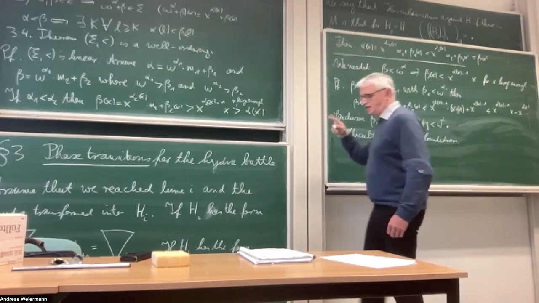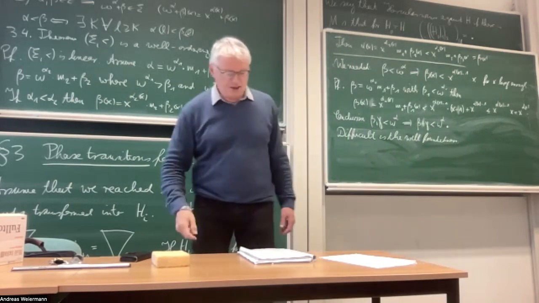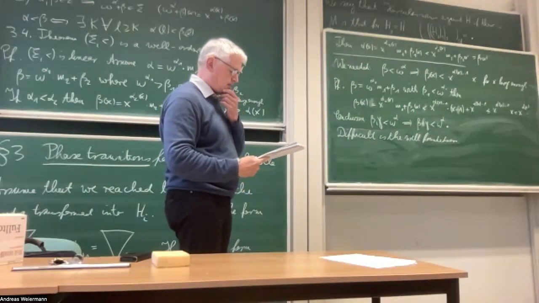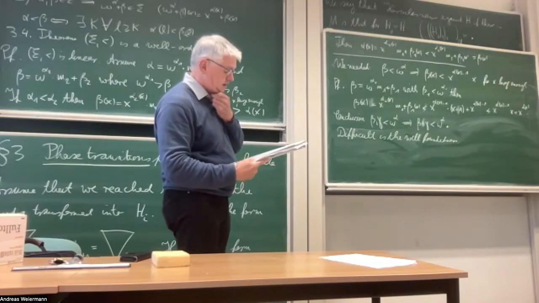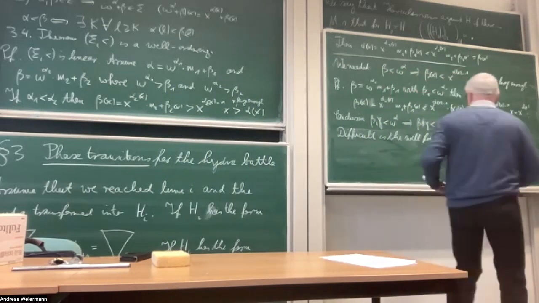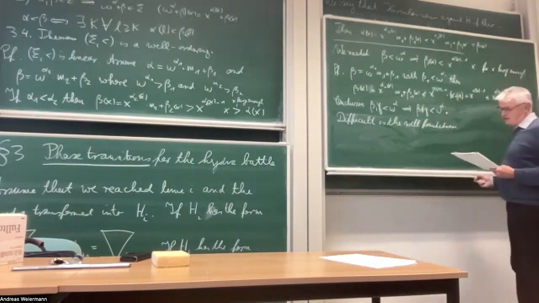So this argument which I gave until now is elementary combinatorics. And okay, so now we want to prove that E with the less-than relation is well-founded.